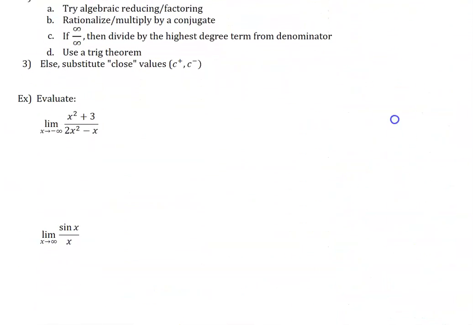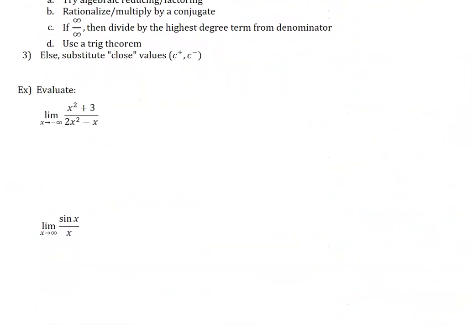Okay, back down here, 2 more examples to try. If you want to pause it and try them on your own, that's fine. So for this first one, limit as x approaches negative infinity of x squared plus 3 over 2x squared minus x. Here, because direct substitution would give us infinity over infinity, we're going to try option C, where we divide by the highest degree from the denominator, which is x squared.